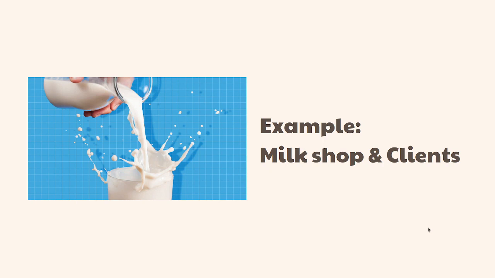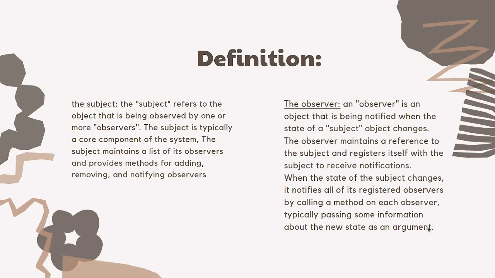The observer pattern defines a one-to-many dependence between objects, so that when one object changes state, all of its dependents are notified and updated automatically. Here is the definition of the two objects, the subject and the observer.